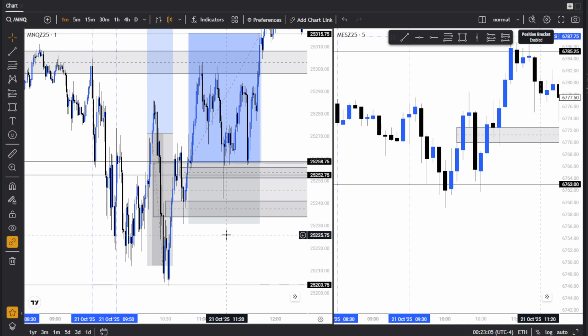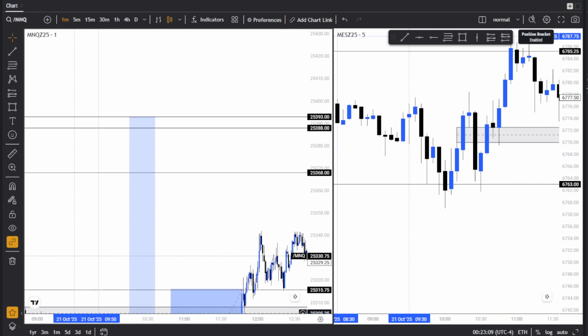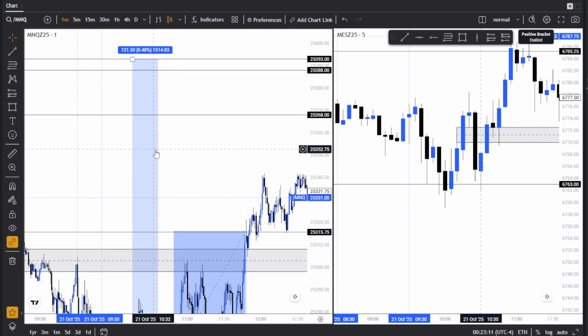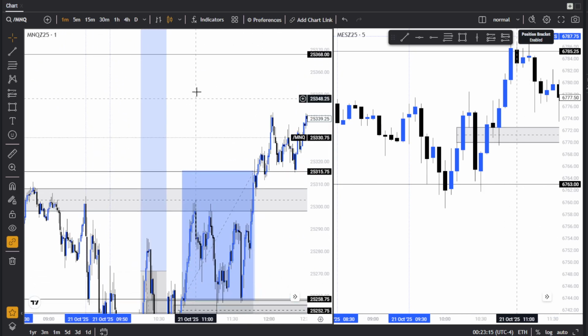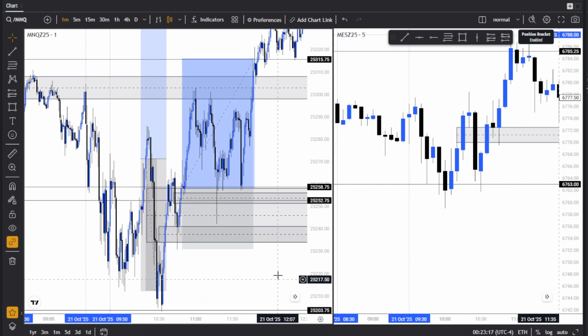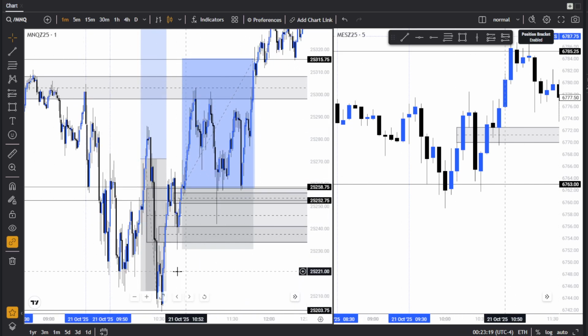But if I did, and it went in my favor, it's 120 points, baby. So I don't know. I'd honestly probably take these exact trades again if they present themselves in future market.